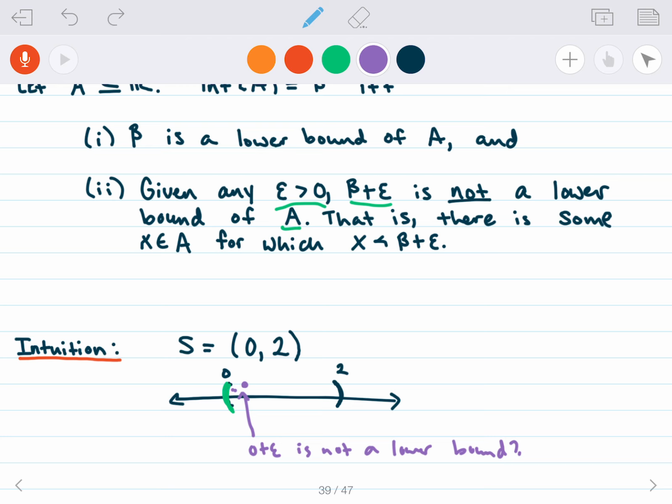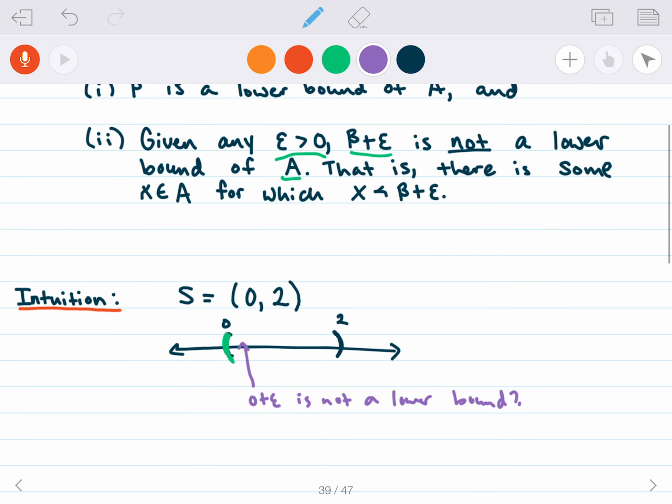So for instance, I think I kind of mentioned this in the other example, but let's play that game. If you say, well, how about epsilon equals 1 over 100? Is 0 plus 1 over 100 a lower bound? No, because there's something even smaller. For instance, 1 over 101 is smaller than that.